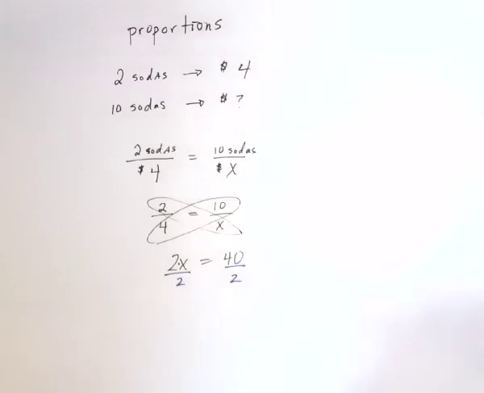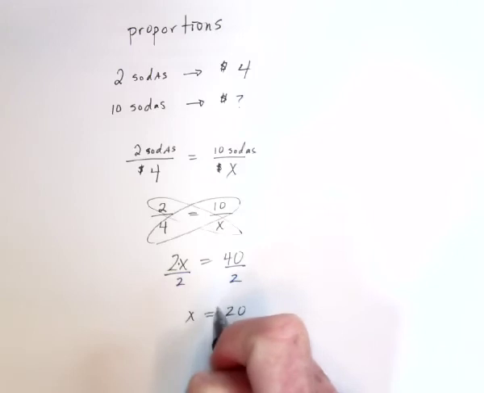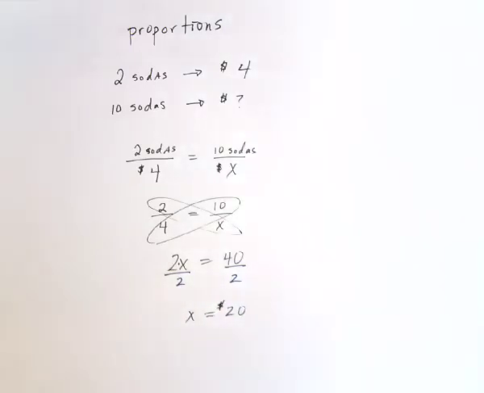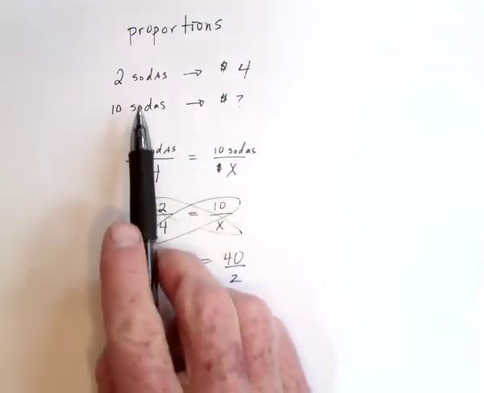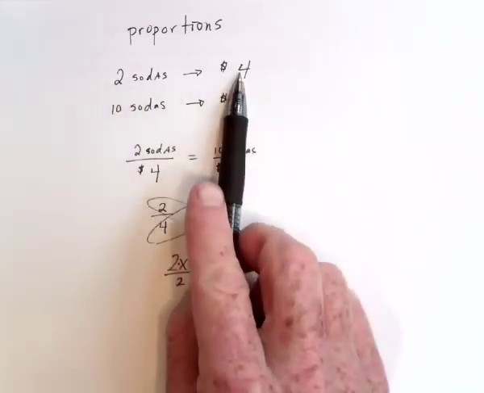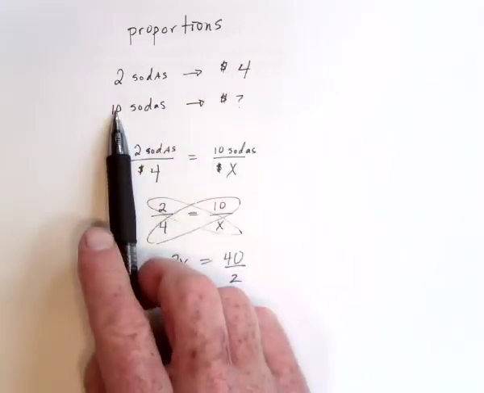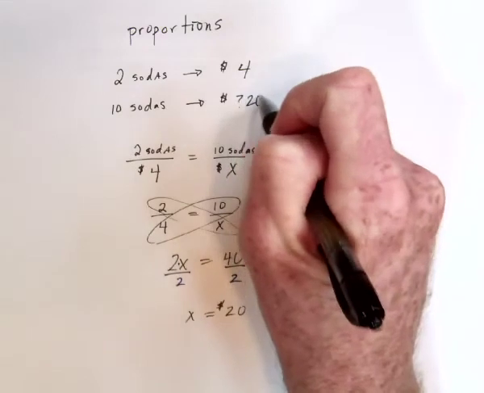Divide by 2, divide by 2. 40 divided by 2 is $20. Which makes sense. That's what I got before when I said 2 sodas is $4. That means these sodas cost $2 a piece. If they cost $2 a piece and you're getting 10 of them, well, that's going to be $20.